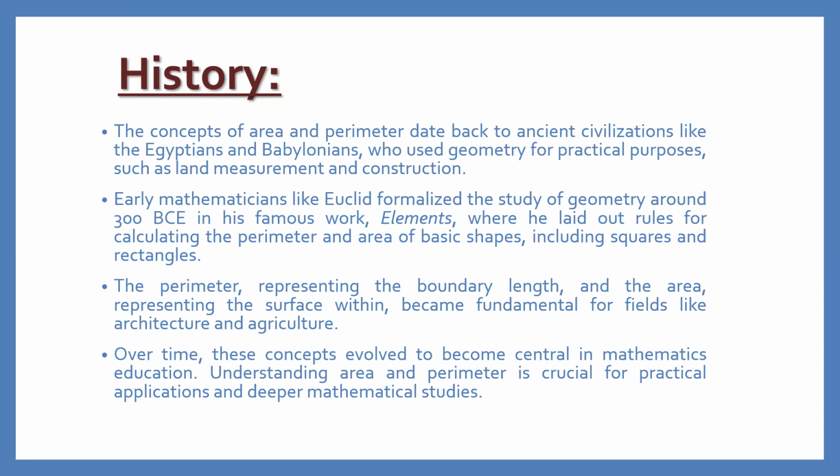Early mathematicians like Euclid formalized the study of geometry around 300 BCE in his famous book Elements, where he laid out rules for calculating the perimeter and area of basic shapes, including squares and rectangles.